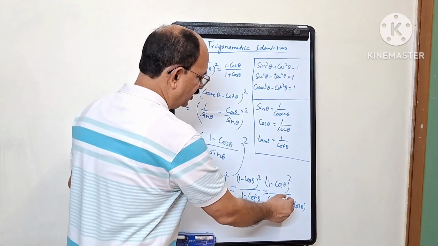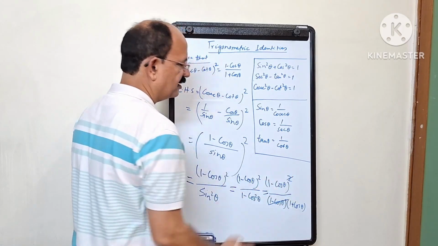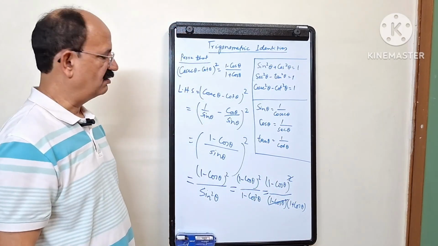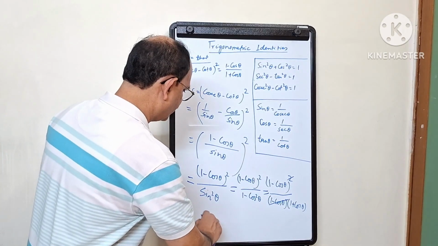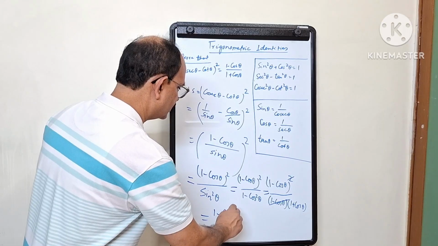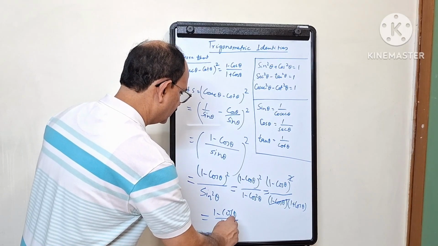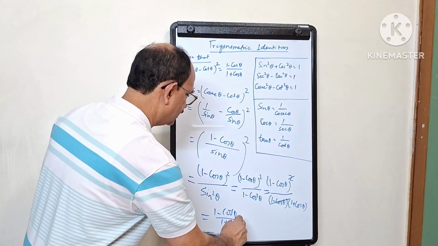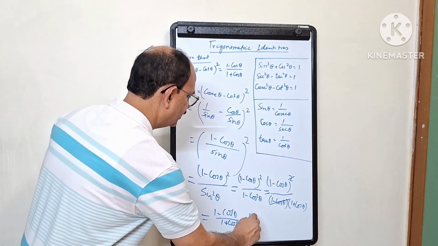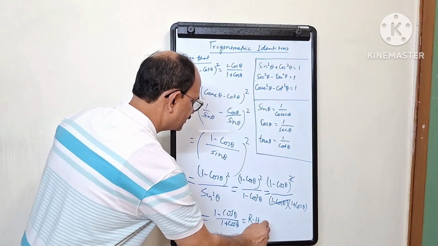Now we see that 1 minus cos theta can cancel the square, and therefore this becomes equal to 1 minus cos theta upon 1 plus cos theta, which proves the RHS.